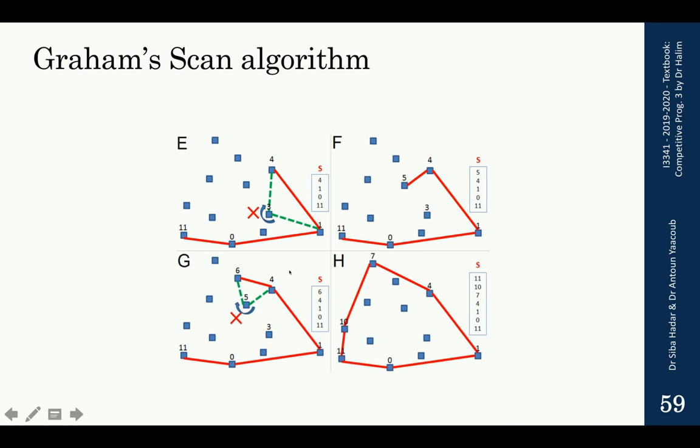We can use the cross product to tell us. And this is not going to be counterclockwise, so we will have to remove the element 5 and check with 1, 4, 6. Is 1, 4, 6 going to be counterclockwise? Yes, so I add the element 6.